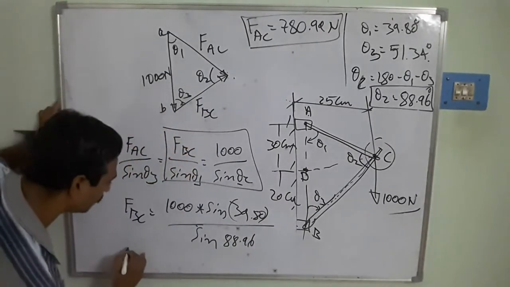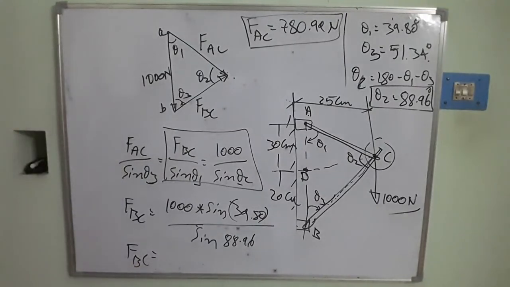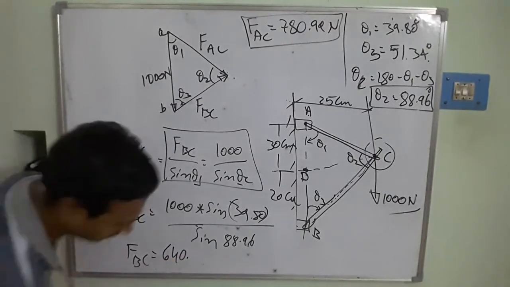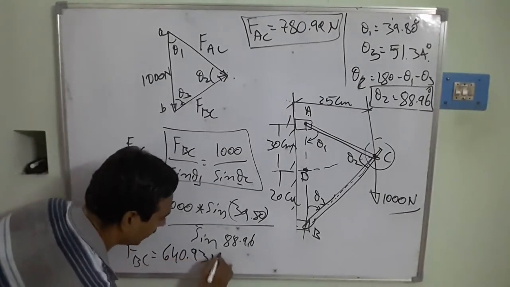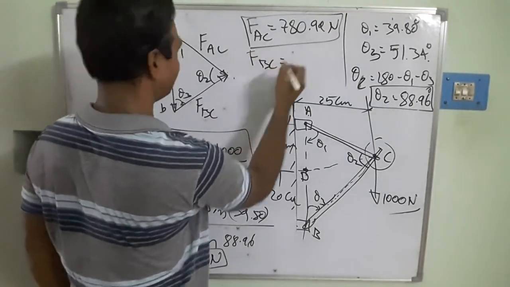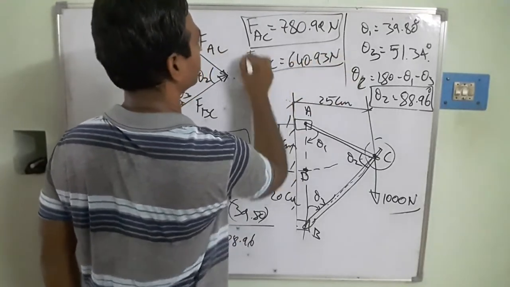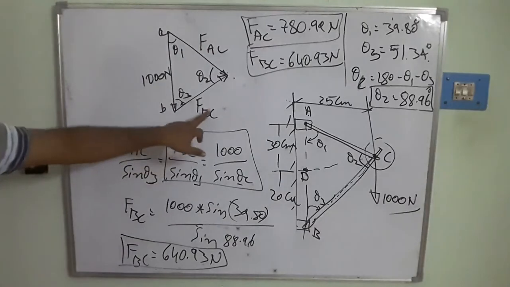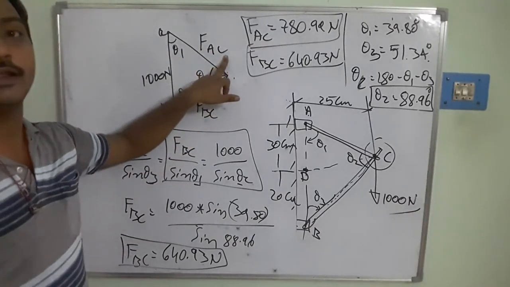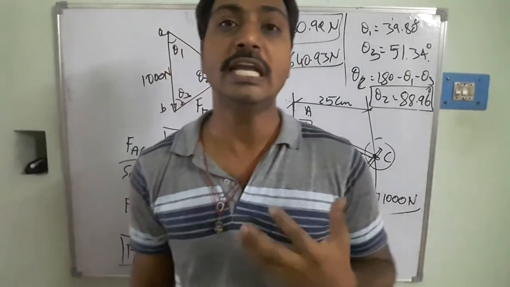So from this, FBC is equal to 640.93 newtons, we got it. Right? So this way we have calculated: FBC is equal to 640.93 newtons and FAC is equal to 780.99 newtons. This way the system is going to get into the equilibrium position.